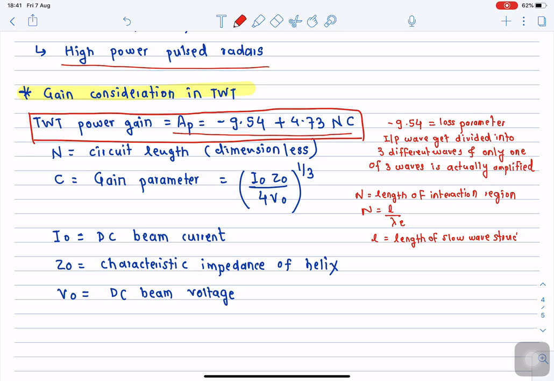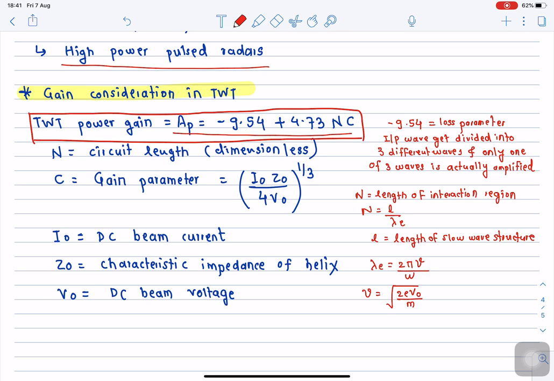Alright, and what is lambda_e? The lambda_e is the wavelength, which is given by lambda_e equals 2 pi v divided by omega, where v is a velocity, the electron DC velocity, given by the square root of 2eV0 by m.